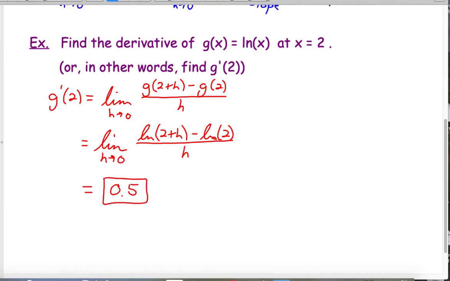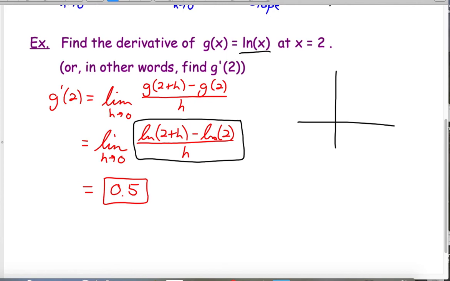Now, that was a really important thing to understand, what I just did. I looked at this entire thing as a function. I'm not talking about the natural log of x. I didn't say, oh, let's look at the graph of the natural log of x and find the slope of the tangent line at 2.